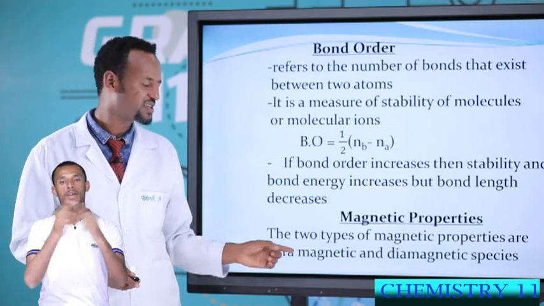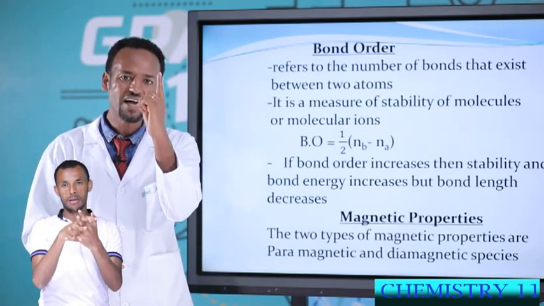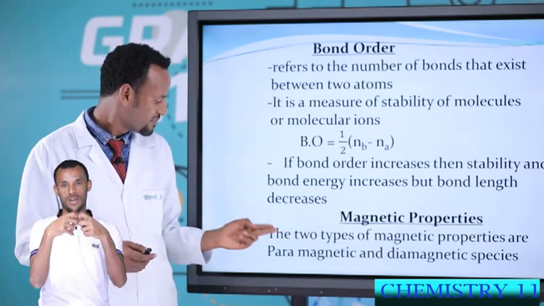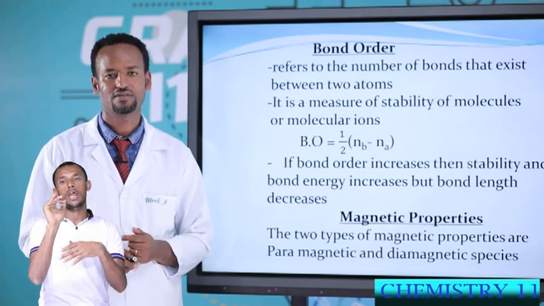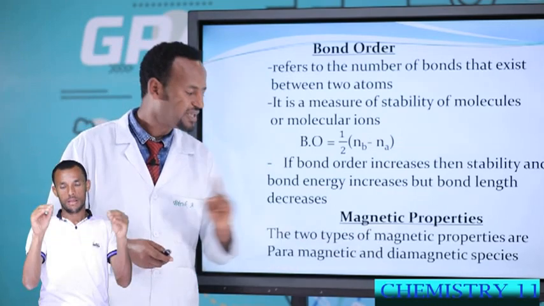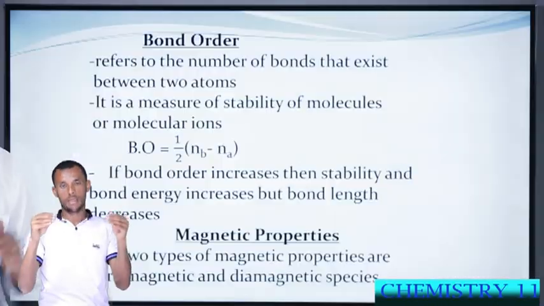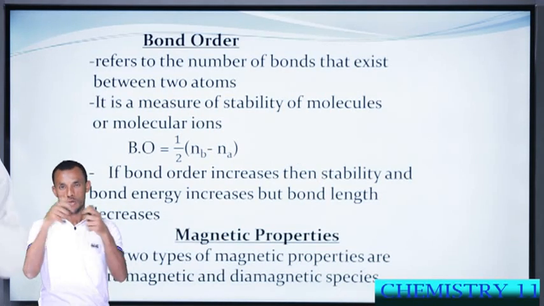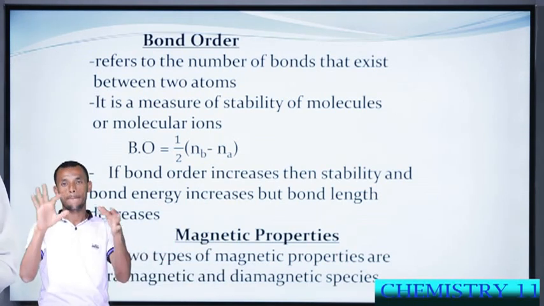Paramagnetic species are attracted by an external magnetic field. Diamagnetic species means when we write the molecular orbital electron configuration, all the electrons are paired.